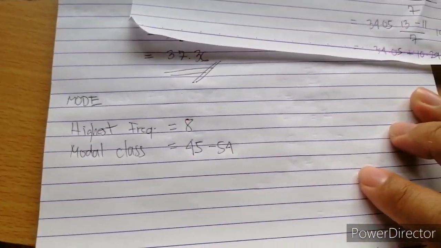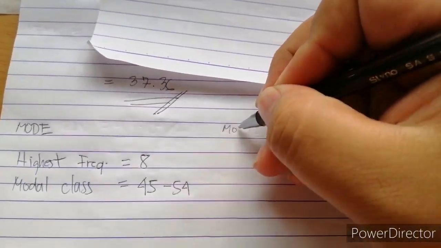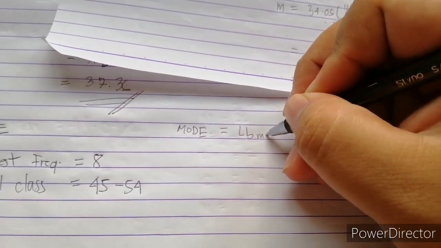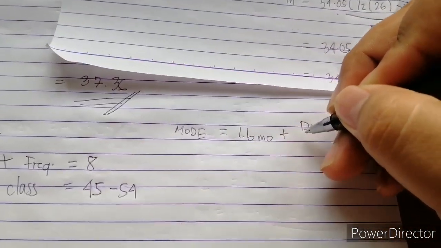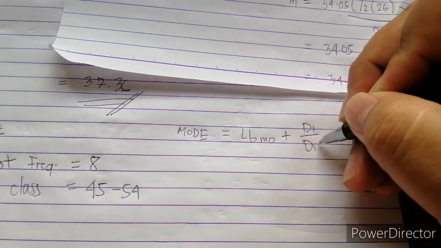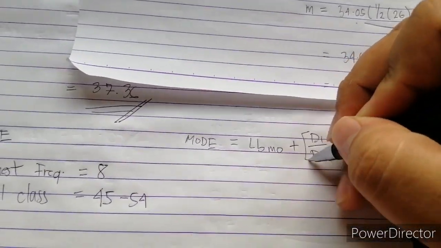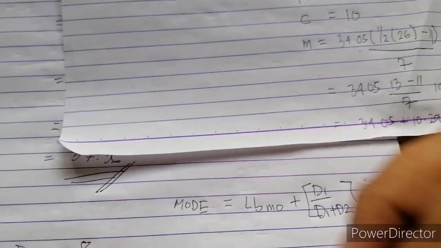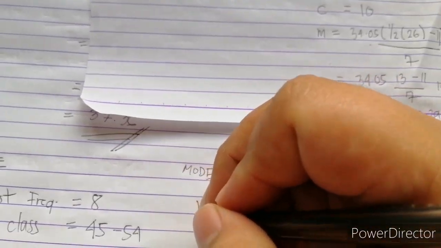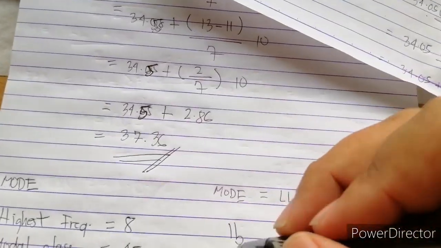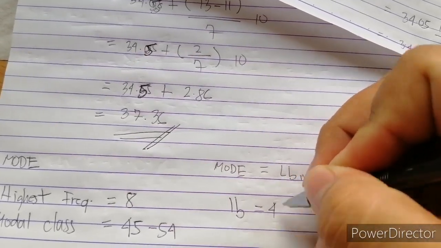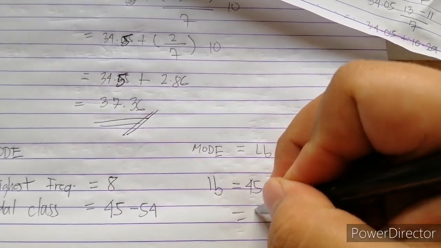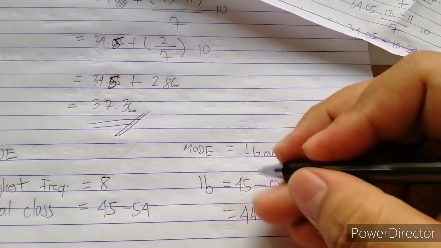So now proceed to the mode itself. The mode is equal to the lower boundary of the modal class plus D1 over D1 plus D2, times the class interval. The lower boundary is 45 minus 0.5, that will be 44.5.